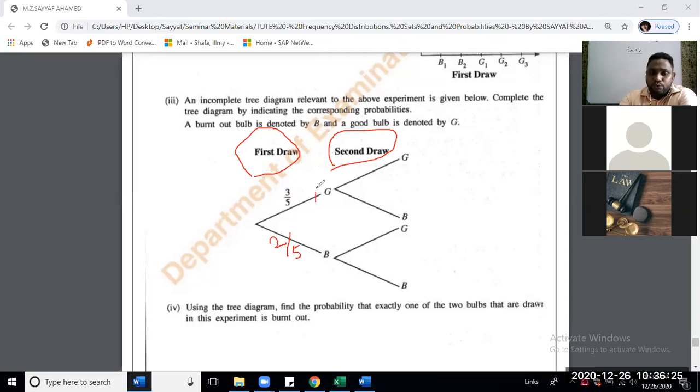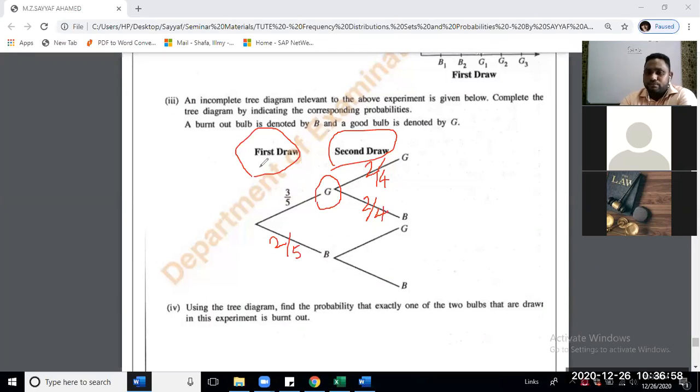So even if a good one is picked up, we assume the second one is also a good one, right? By assuming this branch is with a good one, we will have only 2 good bulbs because one has gone out. So the total also drops by 1. Since we assume the good one has gone out, the burnt out ones still remain, that is 2 out of 4.